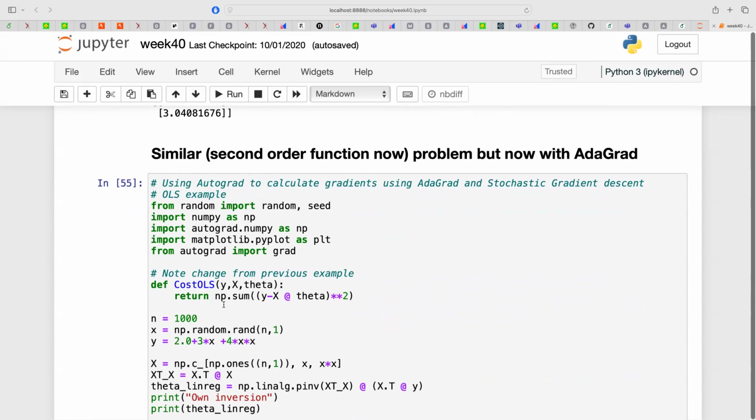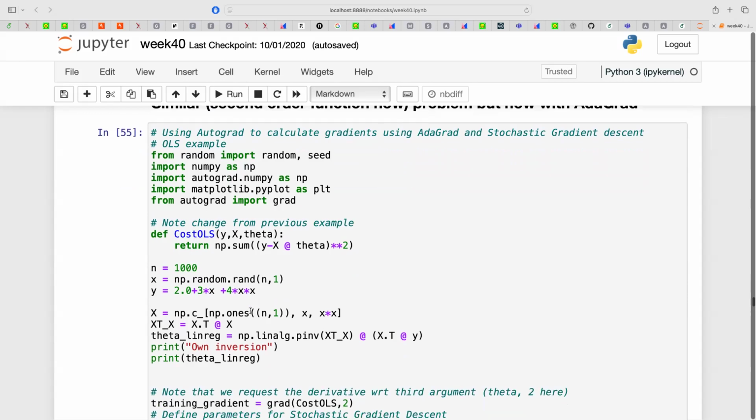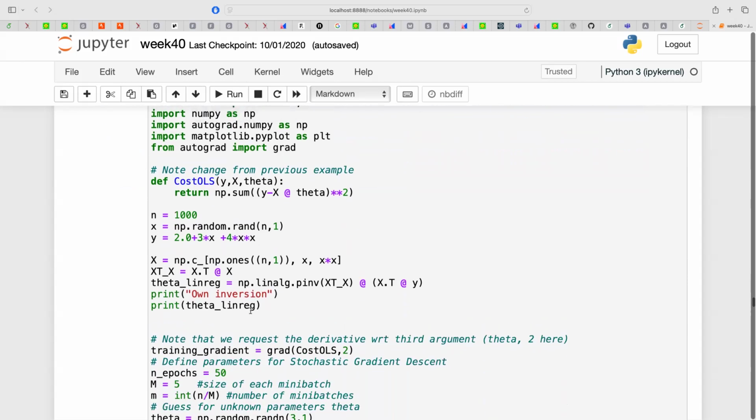That's the only thing which would change. And the same if you do logistic regression, you would just have to specify a different cost function, which depends on different variables. And the variables here are given by your inputs and outputs, y and x, and the parameter theta, which is the same as our old-fashioned, well-known beta.